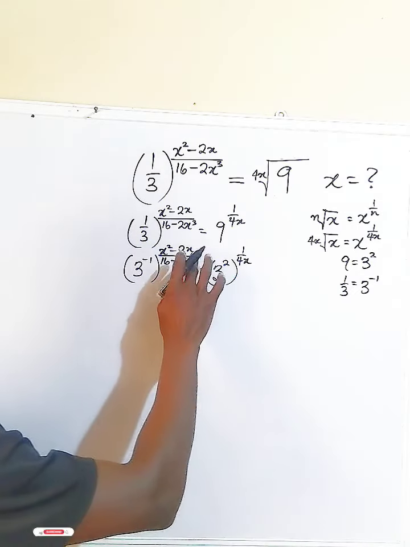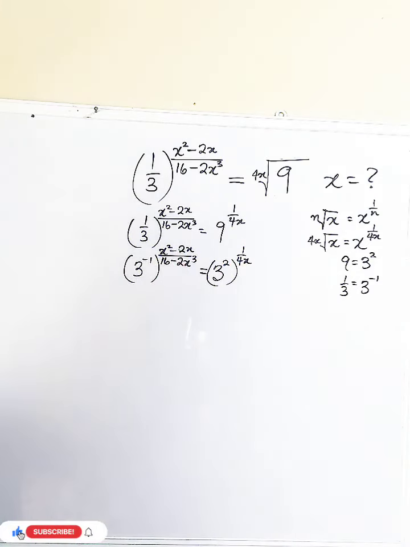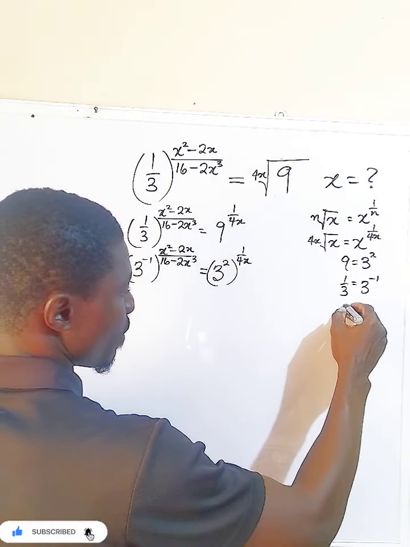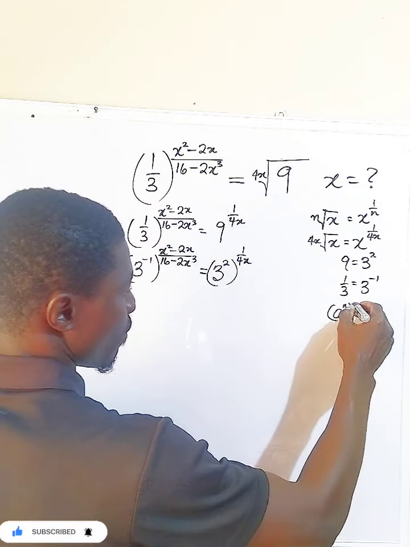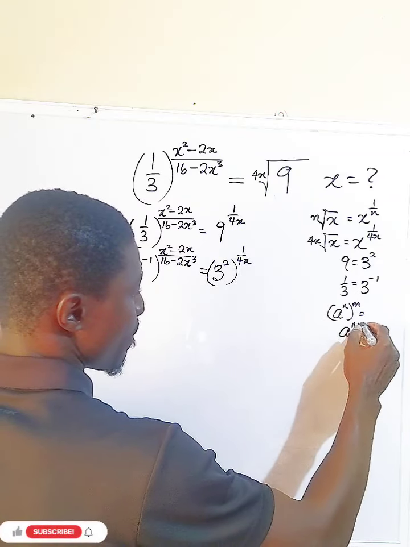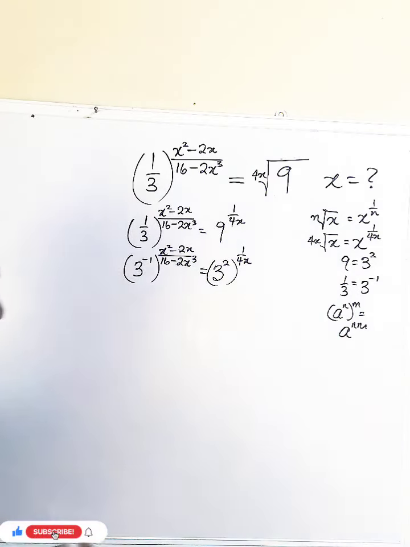I guess we are heading somewhere. Now this rule here: when we have a raised to the power of n, all raised to the power of m, this will give us a raised to the power of mn, which means the two exponents will multiply each other.